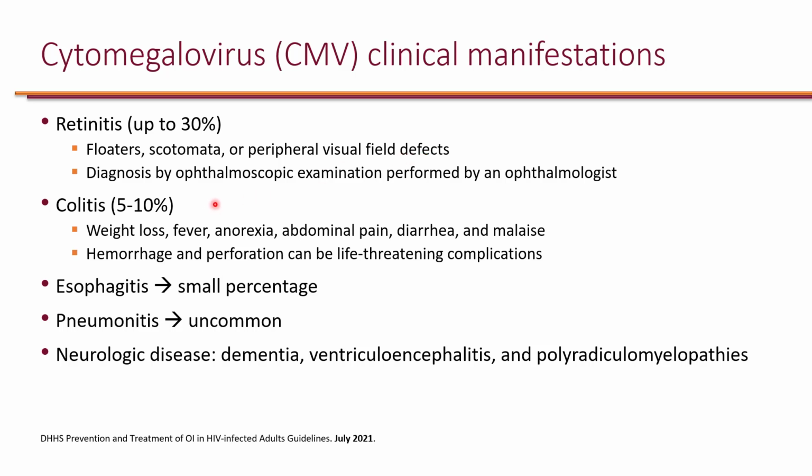Diagnosis is done by an ophthalmologist through eye examination. Patients with CMV colitis experience weight loss, fever, anorexia, abdominal pain, diarrhea, and malaise. And it can be severe if it causes hemorrhage and perforation, which can be life-threatening in patients.